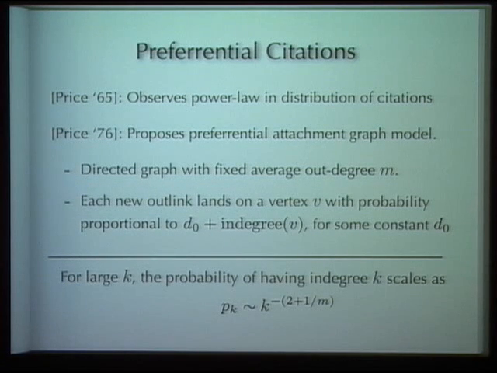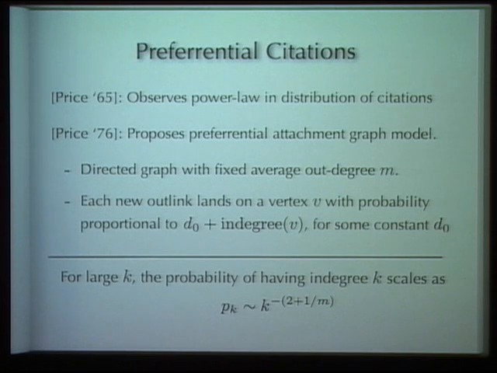So the idea is that this is going to be a directed graph. And right from the beginning, we're going to make the assumption that the average paper cites m other papers. So m is fixed. It's a probability distribution, but it doesn't grow with the size of the graph, which is pretty reasonable. Most people devote about 1 page to the bibliography of their paper.